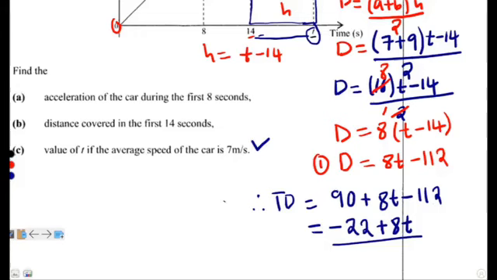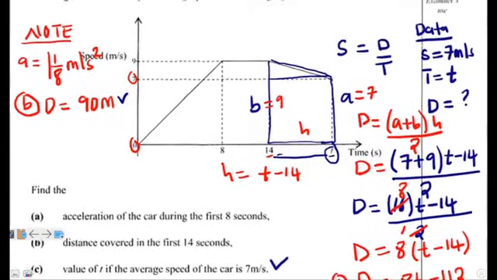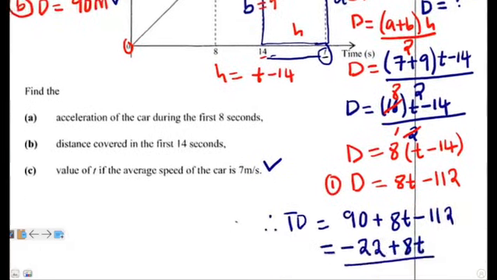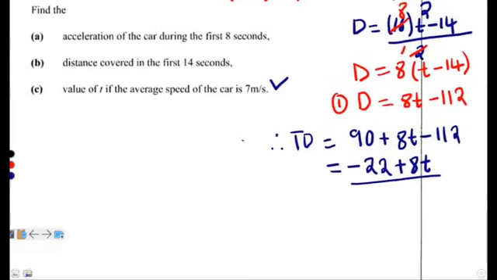Upon finding our total distance, we can come back to our first formula, where we said speed is equal to distance over time. We are going to use the first formula now, because we have found the total distance. So speed is equal to distance over time.